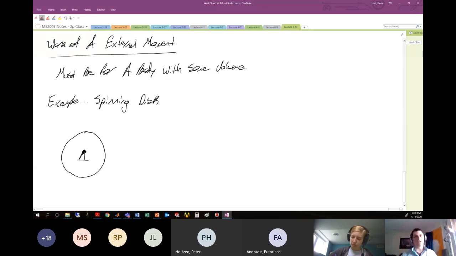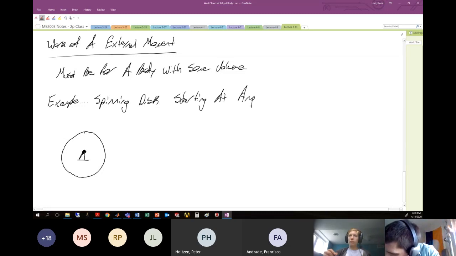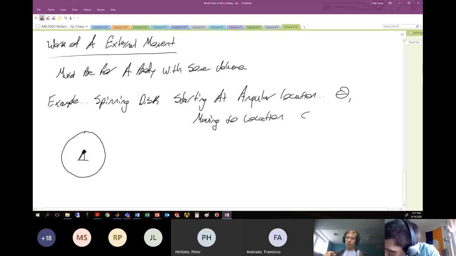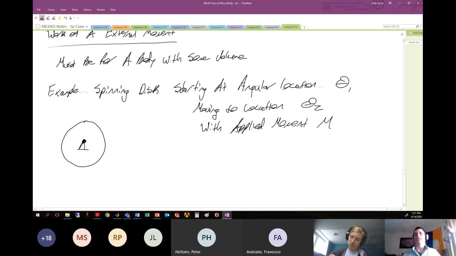So the example here is the spinning disk, starting at angular location theta 1, moving to location theta 2 with applied moment M.